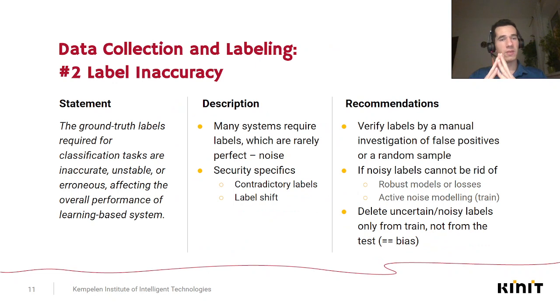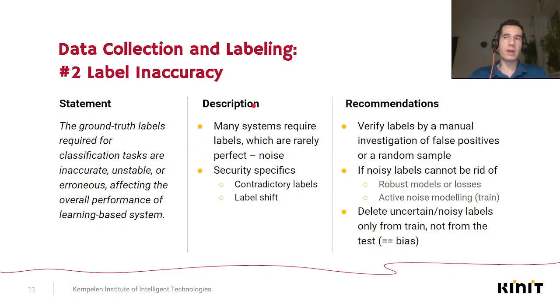The second pitfall the research in cybersecurity often has is the inaccuracy of labels, which means that the ground truth labels for classification tasks are often inaccurate, unstable, erroneous, and so they affect the overall performance of a learning-based system.